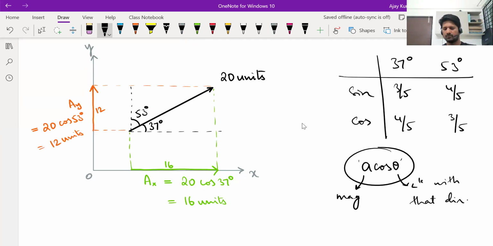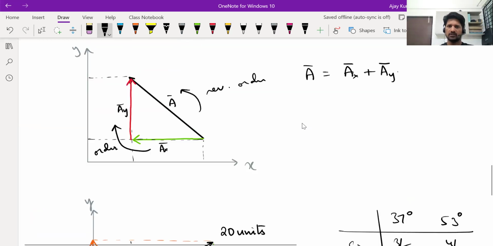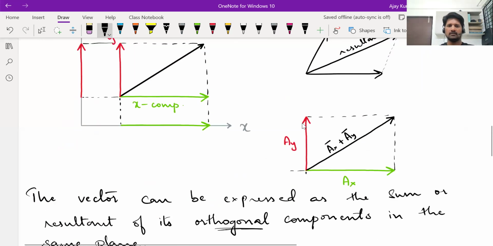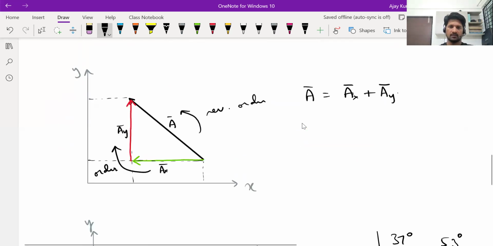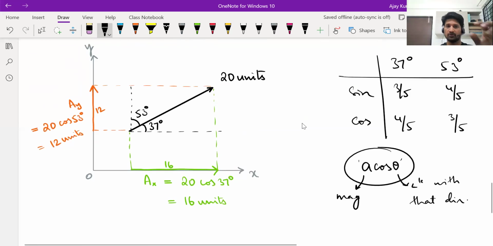Fine. So the given vector, the black one, we got its components. And we just saw here that any vector can be expressed as the sum of its orthogonal components in the same plane. Now we got the orthogonal components here, but we only got their magnitudes.